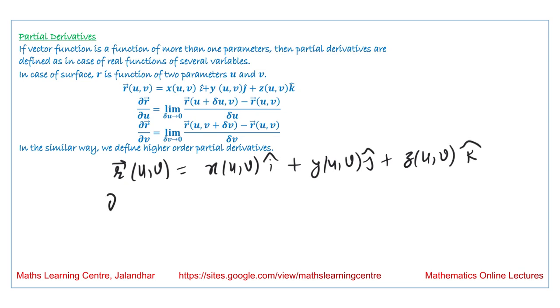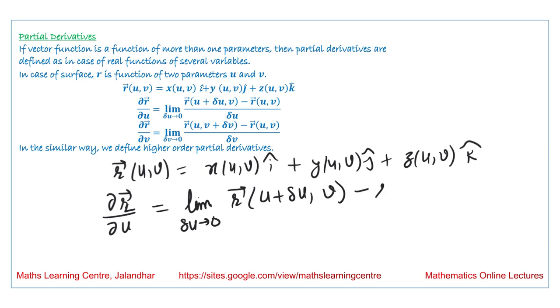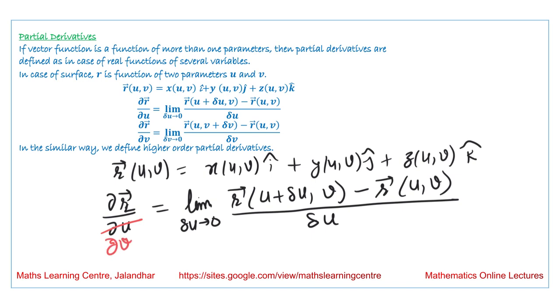Now if we calculate the partial derivative of r with respect to u, the answer is the limit as delta u tends to 0 of r vector u plus delta u comma v minus r vector of u comma v, divided by delta u. Similarly, for the partial derivative with respect to v, we will have delta v in the denominator, the increment will be in v, and the limit will be as delta v tends to 0.